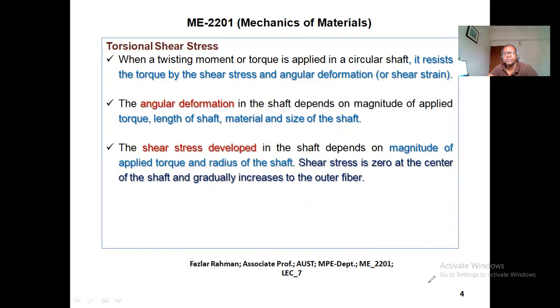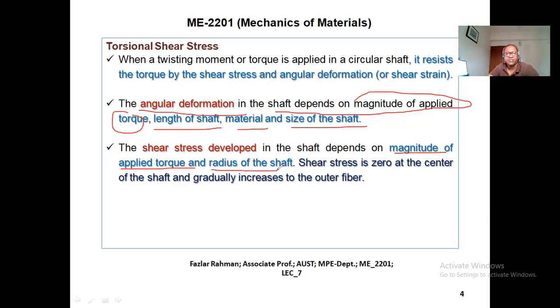Before we derive, note that angular deformation, that means angle theta, depends on the magnitude of applied torque, length of the shaft, what type of material you use, and also the size of the shaft. And shear stress developed inside the shaft depends on the magnitude of the applied torque and the size, that means the radius of the shaft.